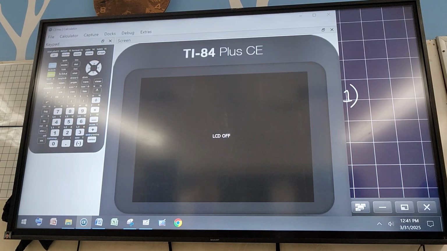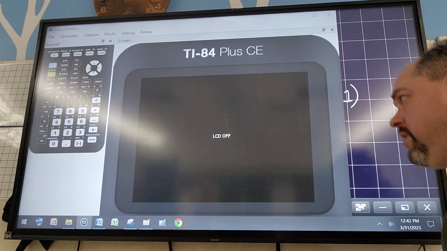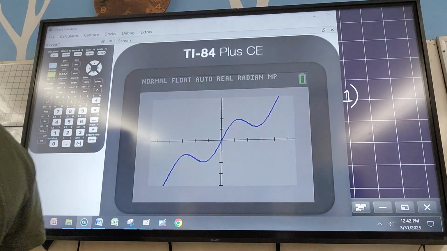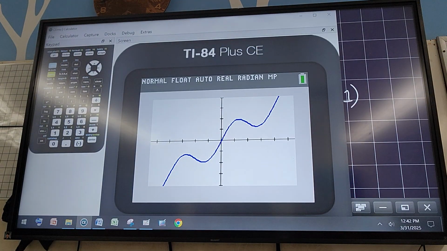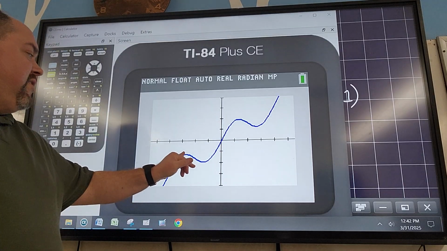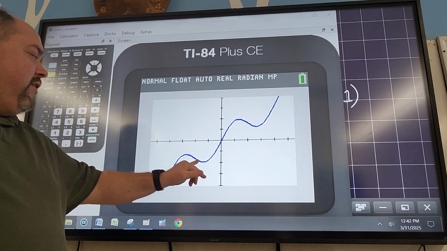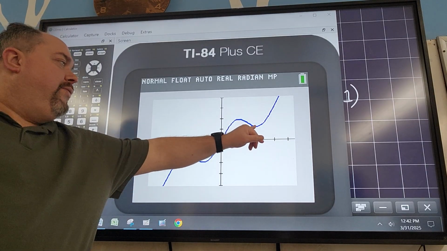Then the next thing I asked you on Friday was, where would a function change from increasing to decreasing? Maximum and minimum. Right. So for instance, in this one, it'd be around right there, there, and there.